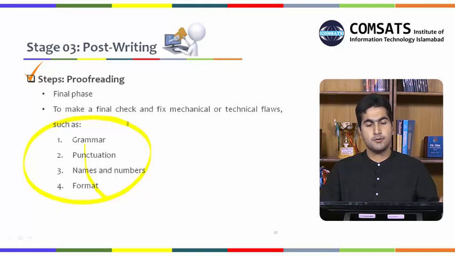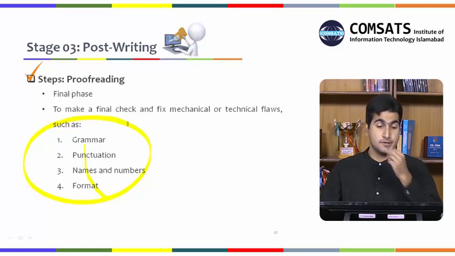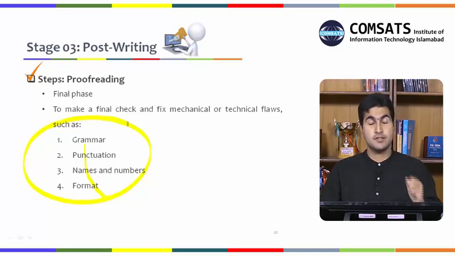A final check on your grammar, a final check on your punctuation, names and numbers, and of course the spelling as well. For example, as I gave you the example of the word to and two, so they seem as though they are okay because their spellings are okay, but the problem comes within the context, and you call these two words homophones.